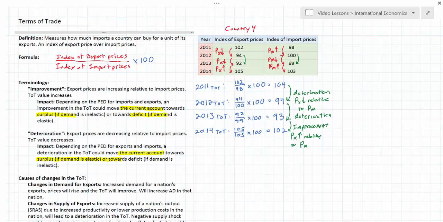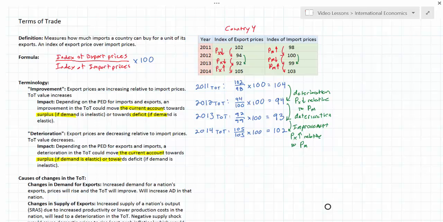So in this lesson, we have gone over the definition of terms of trade. We've learned the formula for terms of trade. We've walked through several calculations of a nation's terms of trade using the index of export prices and index of import prices in our table here. We've outlined the factors that can cause a change in the nation's terms of trade. And the most important thing I want to conclude with here is just the reminder that the terms improvement and deterioration should not be given values like good or bad.